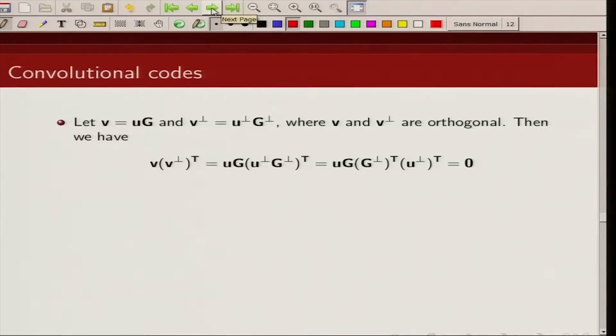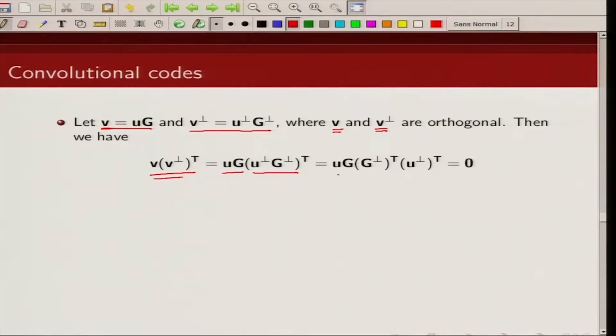So, how does this follow? Since the inner product of V and V dual transpose is 0, what is V? V is U times G, and V dual is U dual times G dual. Now, we know that they will be duals of each other if V and V dual are orthogonal. If this inner product is 0, then U G times G dual transpose U dual transpose should be 0.